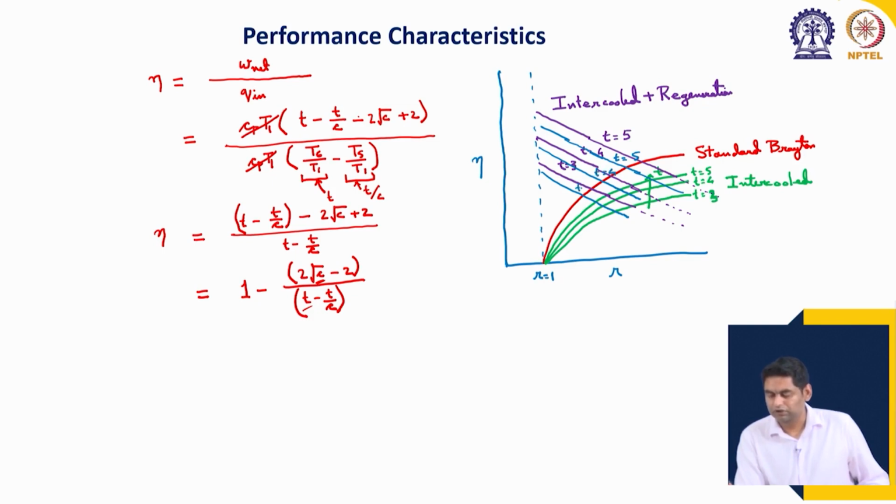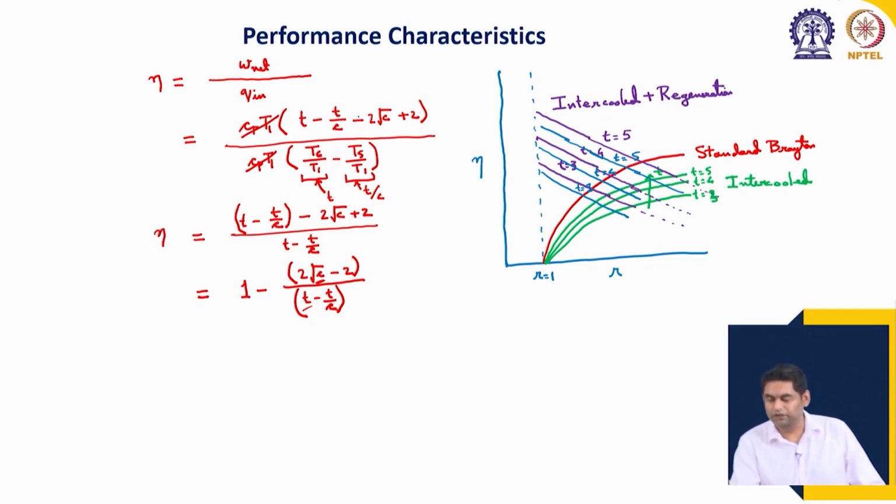So, the efficiency here for the combined intercooled and regeneration cycle is higher than that of the pure regeneration cycle, which is in contrast with the behavior of adding intercooling to the standard Brayton cycle, where adding intercooling decreases the efficiency.